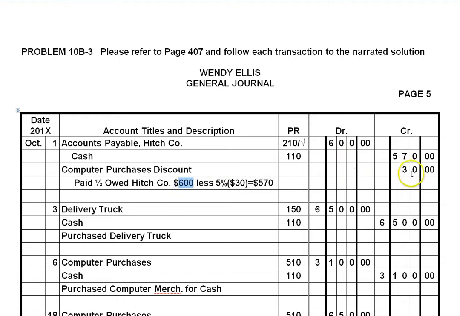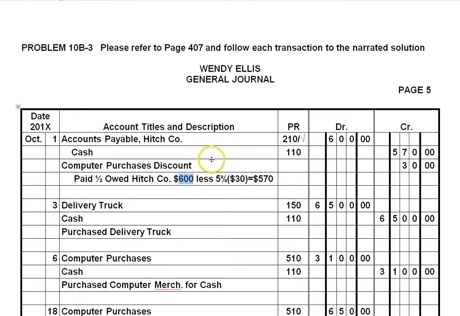The purchase discount is a contra purchases account.